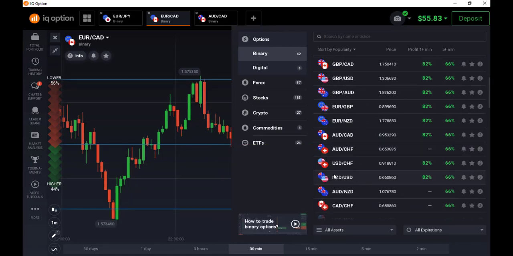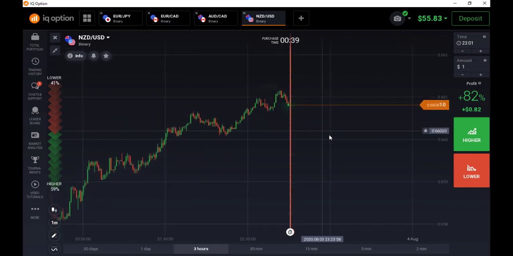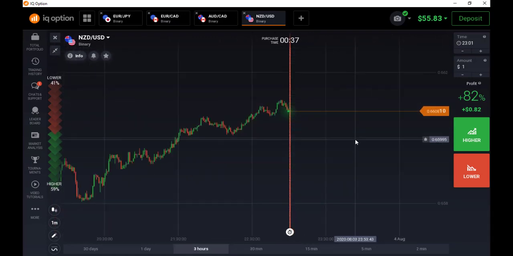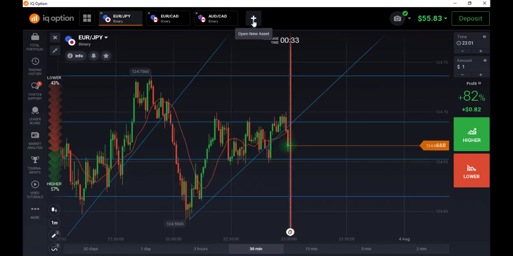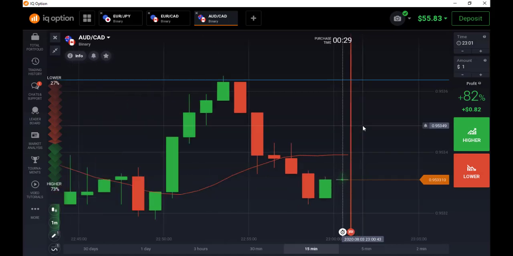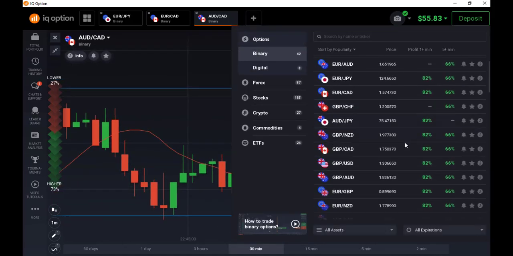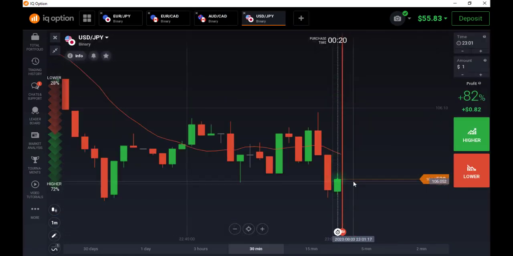How about New Zealand dollar versus USD? No, I don't think it's good. USD Japanese yen.